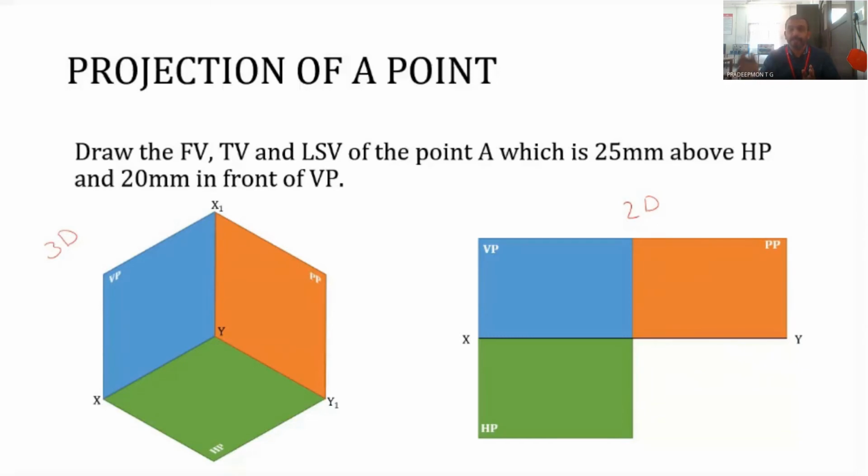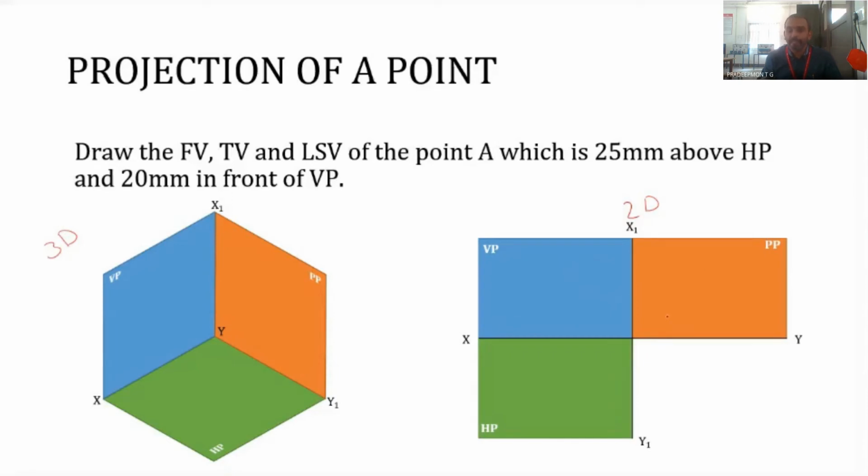When we represent it in 2 dimensions, this portion, marked as Y1 in 3 dimensions, is part of 2 different lines. The X1 Y1 line separates the vertical plane from the profile plane.